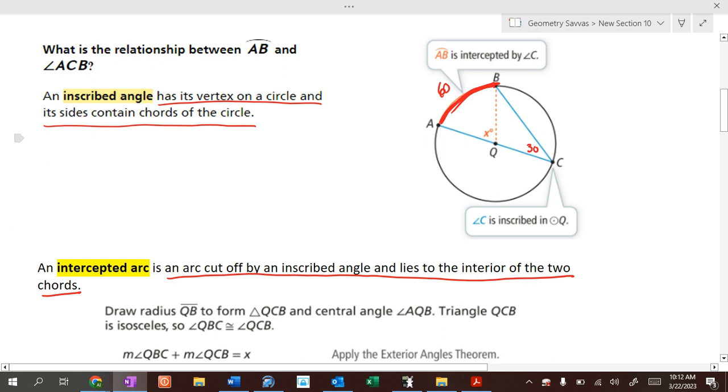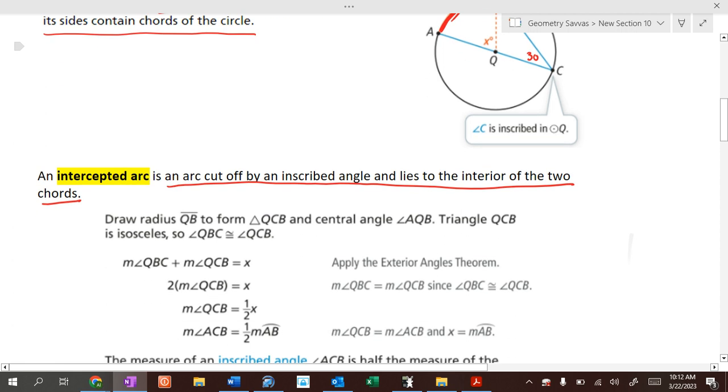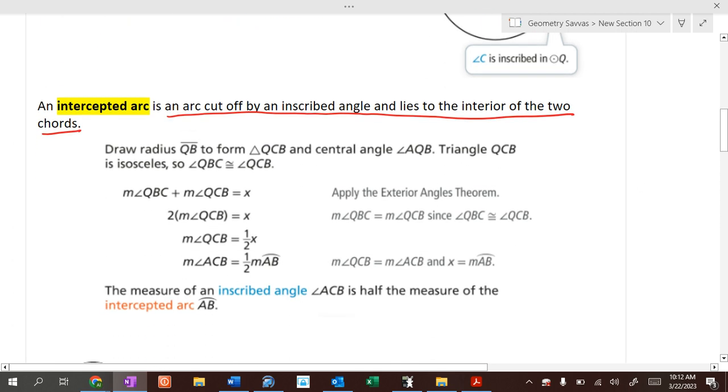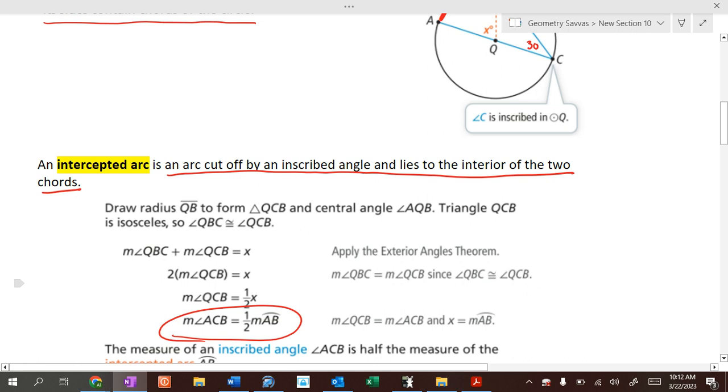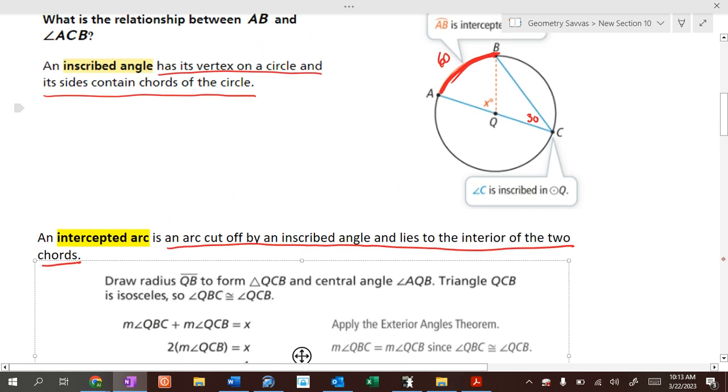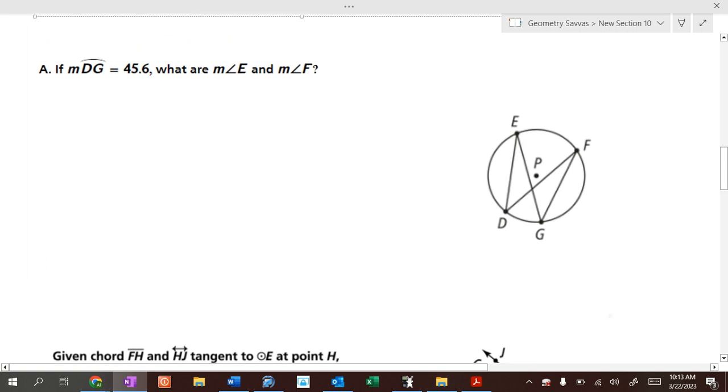Is there one more word? Nope, not today. Secant is going to be on Friday. All right. So angle ACB is 1/2 of the arc. That's what we need to know.